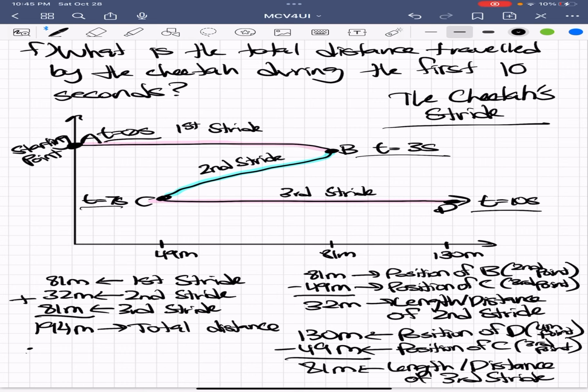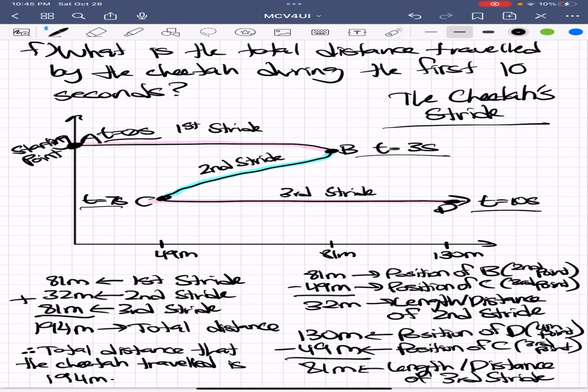And we'll write that: the total distance that the cheetah traveled is 194 meters.